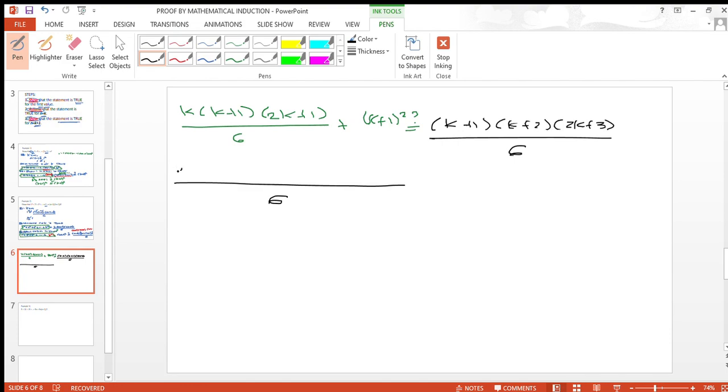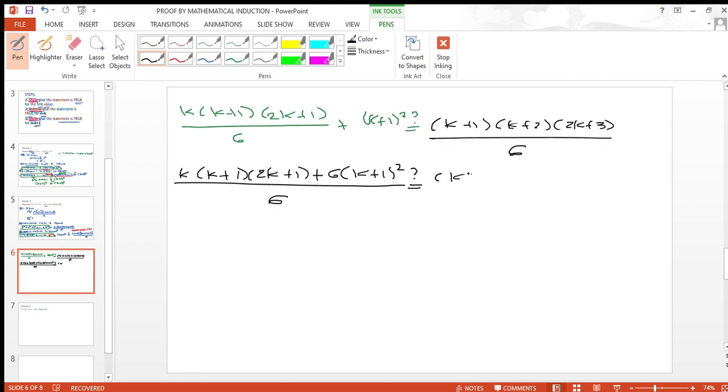So we just copy the entire numerator, that's k times k plus 1, multiplied by 2k plus 1. Plus 6 divided by 1 is 6, times the numerator, which is k plus 1, the quantity squared. Of course, the right side, we just copy it.